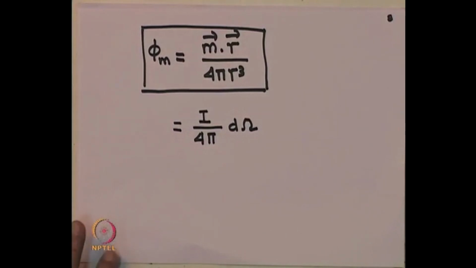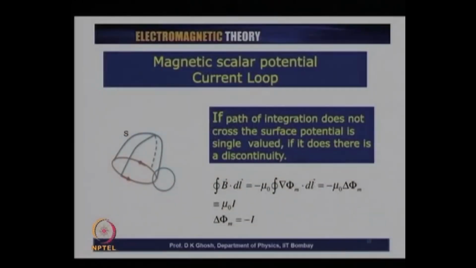Now, this is a useful formula to have, and let us look at what the problem is. Suppose I have a loop here. Now, notice that if this loop is encircled by a path which crosses this loop, like for example, this one, then according to Ampere's law, if I integrate on this path, I will have a discontinuity, because integral of B dot dl is equal to mu 0 times the current enclosed, and in this path there is a current enclosed.